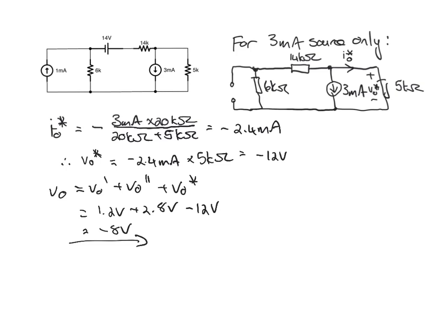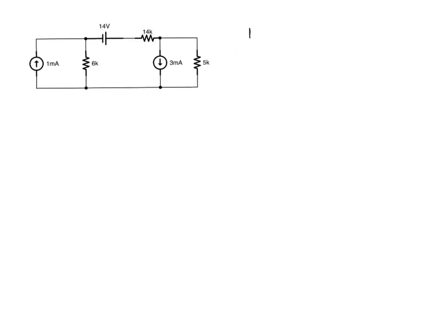On the next page, I'm going to use nodal analysis for the same circuit so that you can see that nodal analysis gives us the same result. So using nodal analysis, we're going to first pick a reference node.